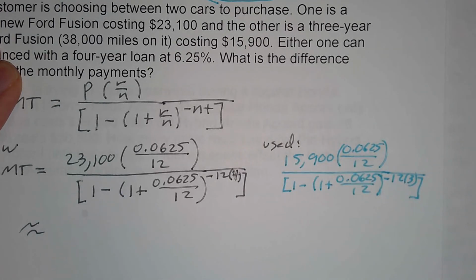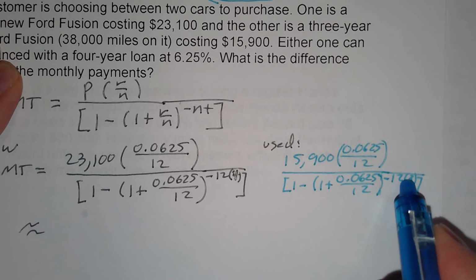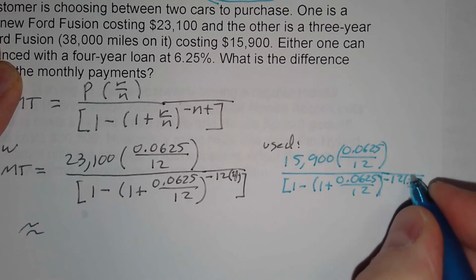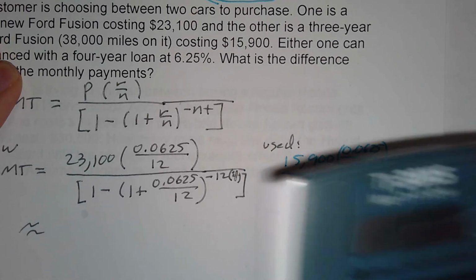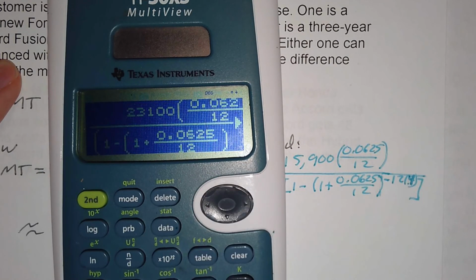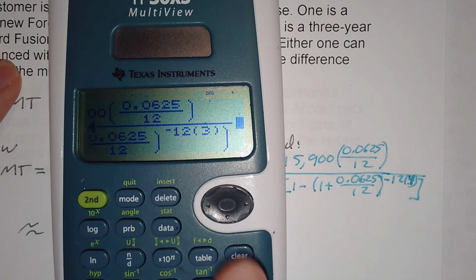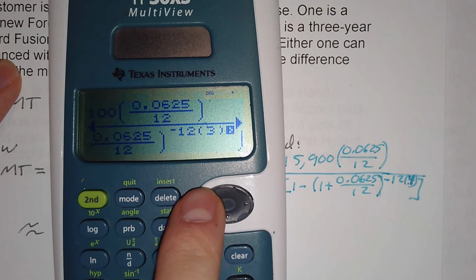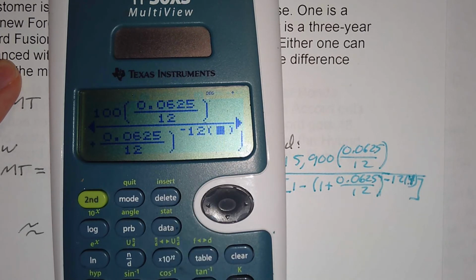You might be thinking, oh gosh, we gotta type that whole thing again? The answer is no. We don't need to type that all again, because here's what we're going to do. I'm going to go grab what I just entered in and hit enter. I'm going to change that 3 to a 4.